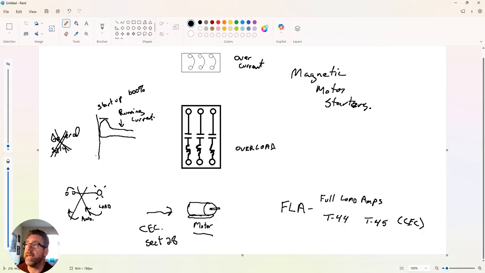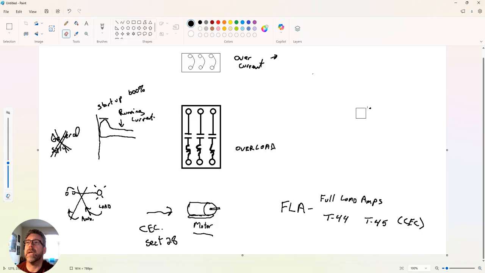This is not the case for motors because of the inrush current. These overcurrent devices are going to be sized according to a very significant current, like I said before, about 600% of the running current.